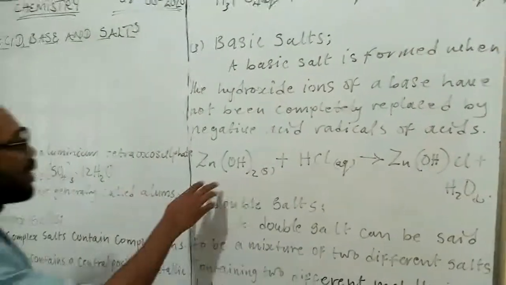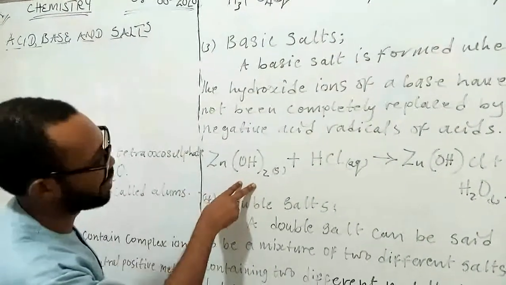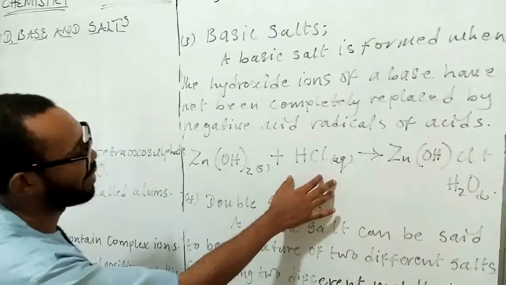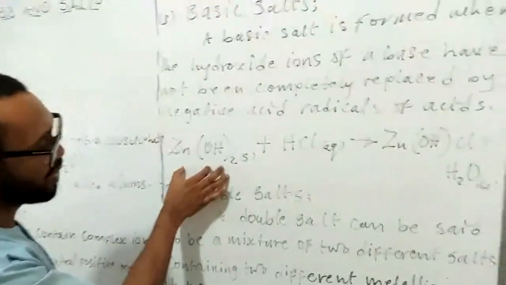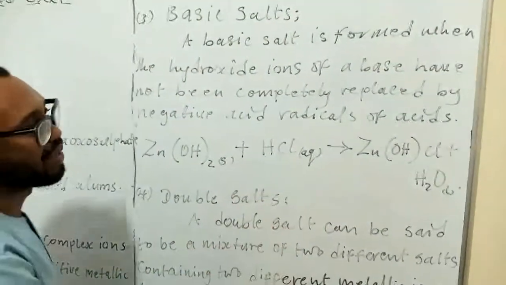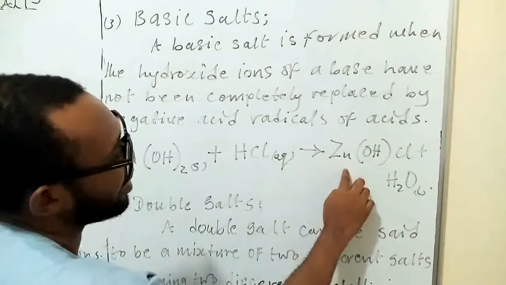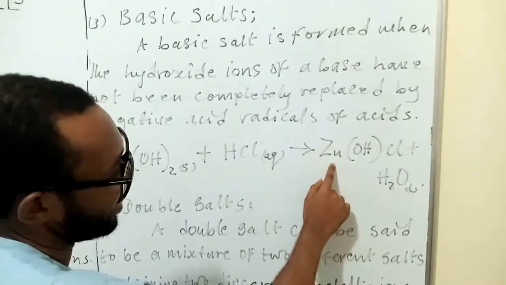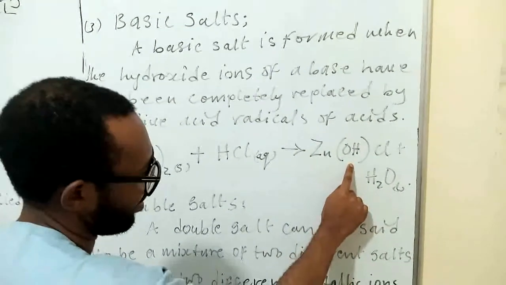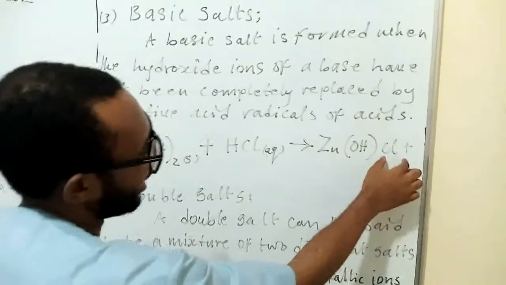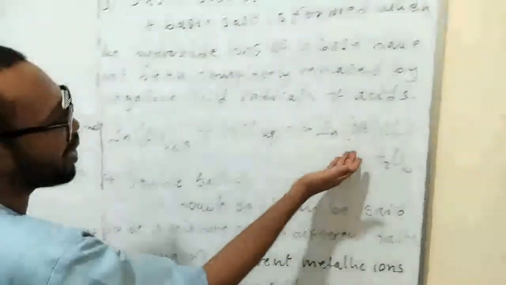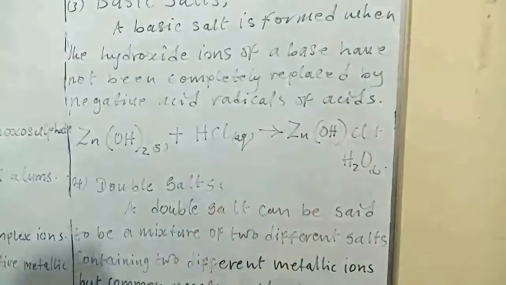Now if you have zinc hydroxide, it reacts with an acid. A base reacts with an acid, forming zinc hydroxychloride. You see the zinc metal is present, the hydroxide ion is there, and the chloride ion is also present. Now this will not be described as a normal salt.